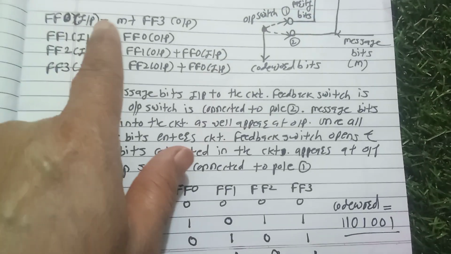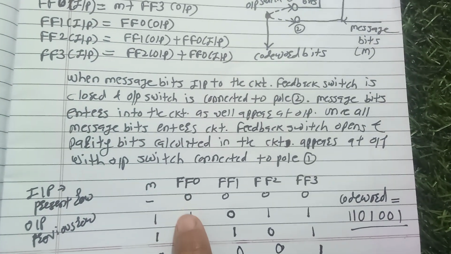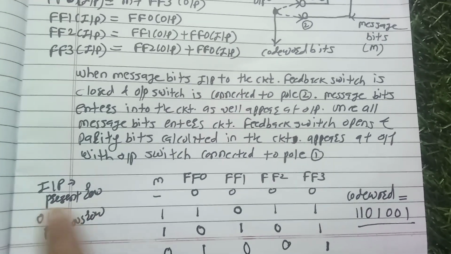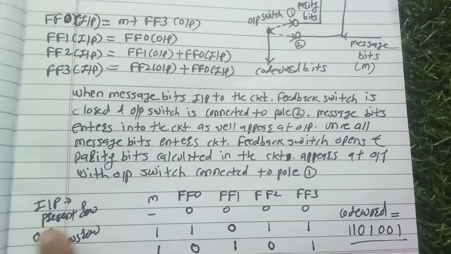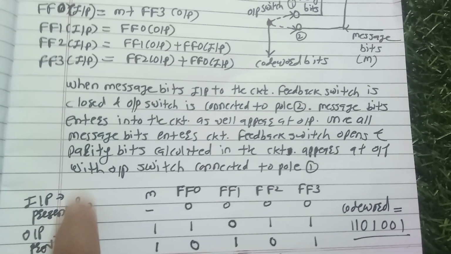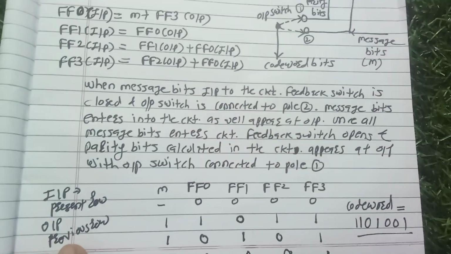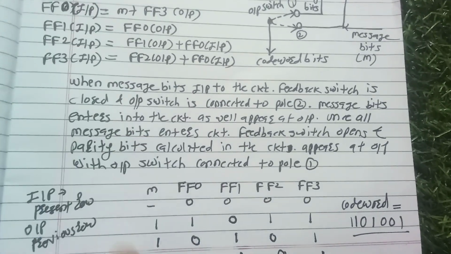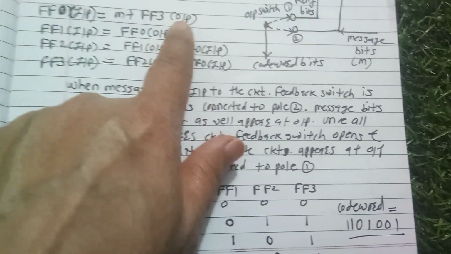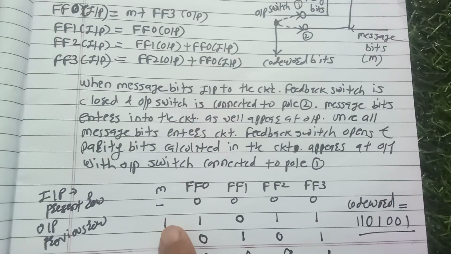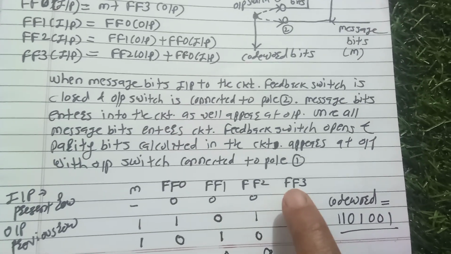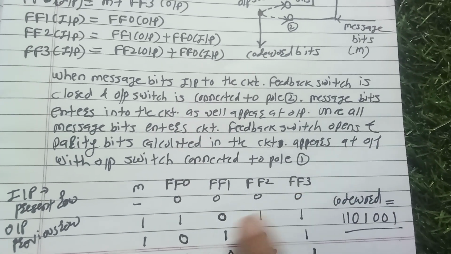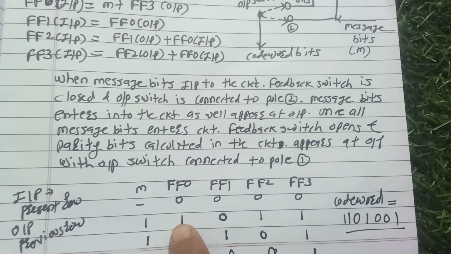After that, flip-flop 0 input. Input means the present row you are calculating, and the output is the previous row. So flip-flop 0 input is equal to M plus flip-flop 3 output. M is 1 plus flip-flop 3 output from the previous row, 0. 0 plus 1 is 1.